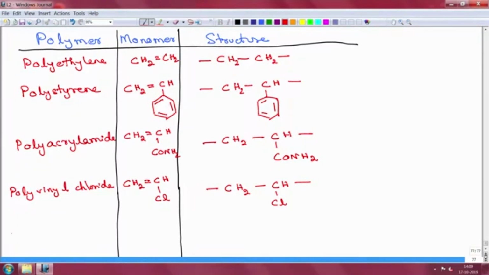Then you have polyisobutylene, where both the hydrogen atoms are taken out in this case and are replaced by CH3. So, obviously, you know how to draw the structural unit for this. We will now have two CH3 units.